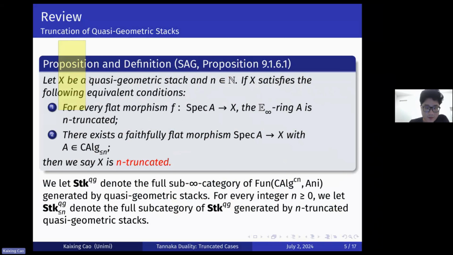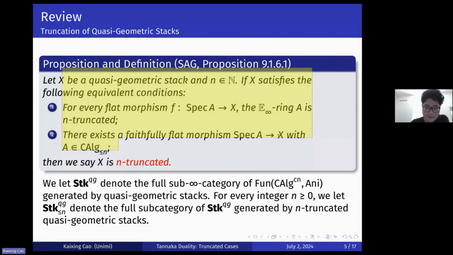So for a quasi-geometric stack X, and a given natural number n, if we can find a faithfully flat morphism from the affine scheme associated to an n-truncated commutative ring spectrum, then we say X is n-truncated. This is an equivalent description for the truncated quasi-geometric stack.